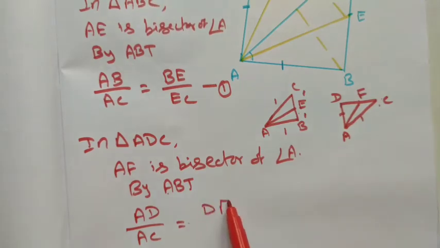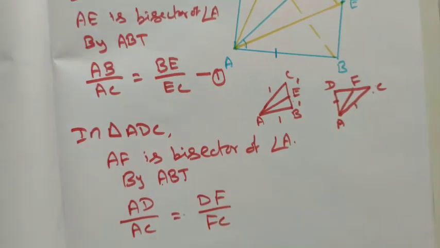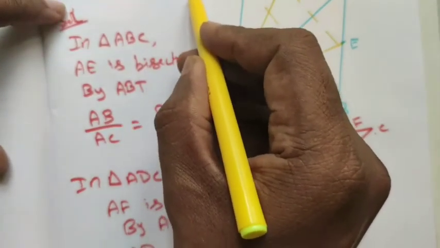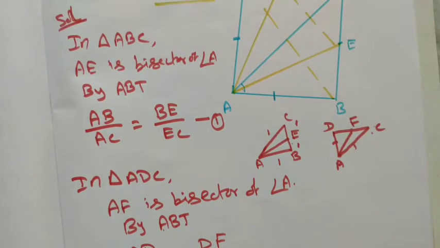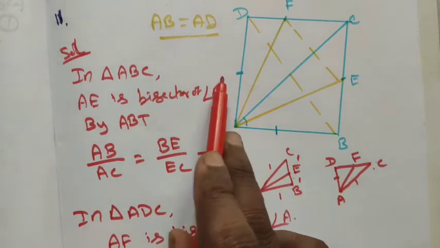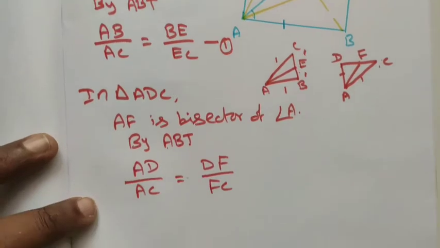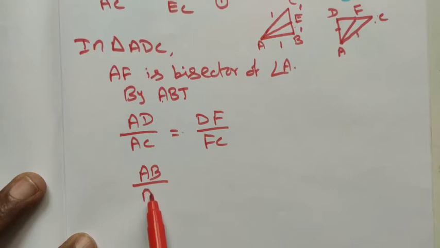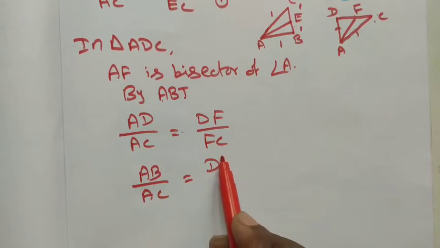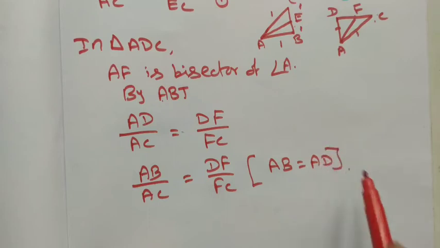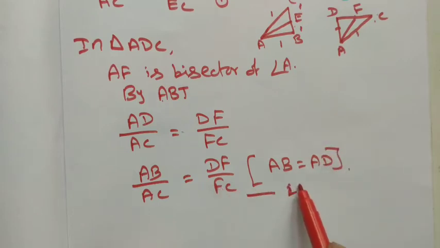The given condition is that the side AD is equal to AB, right? So here I replace AD with AB: AB divided by AC is equal to DF divided by FC, by the given condition AB is equal to AD. Let me take this as equation number 2.